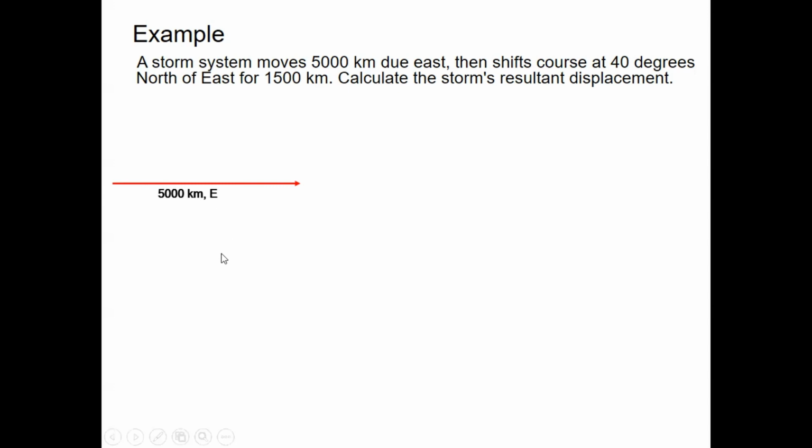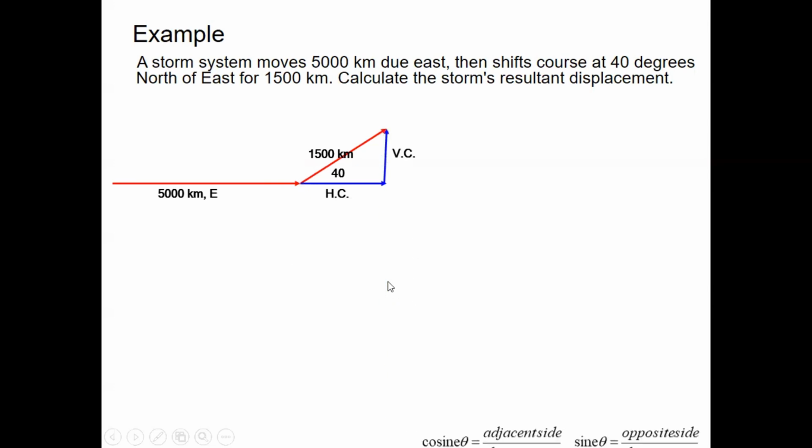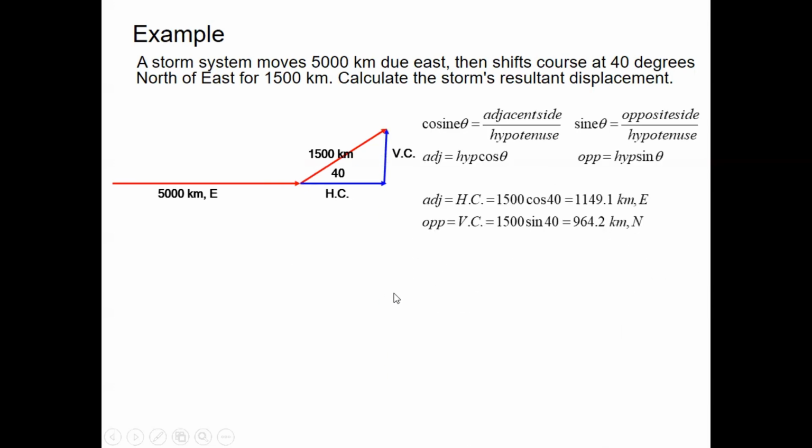Now if we have the coordinate system, then at this position it goes 1500 kilometers in this direction. So the question is, from this starting point, the ending point is the resultant vector which is going to be formed. So we need to understand how this is going to be affecting.